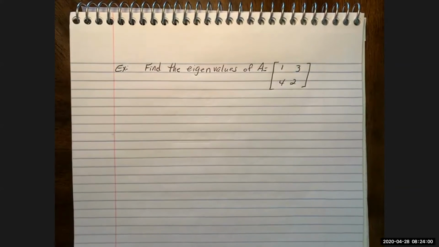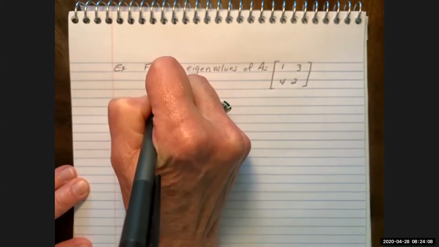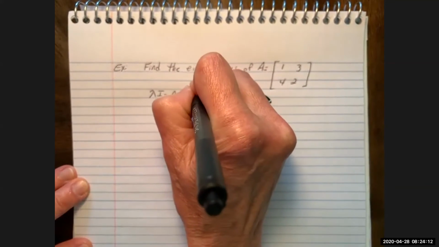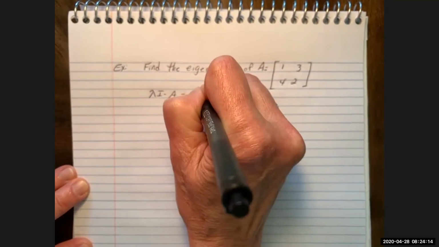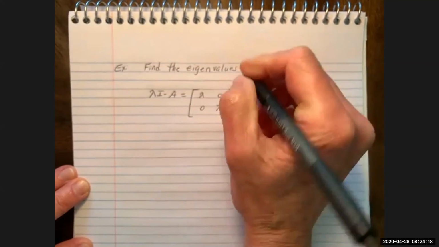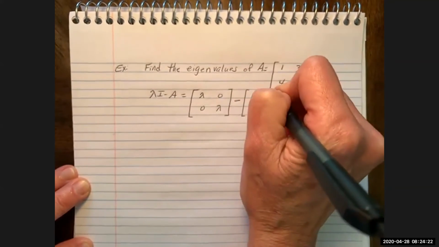We already know what one of them is because I showed you before, but we'll actually find these. So we're going to start by finding lambda I minus A. And I'll write the whole thing out just so you see it. You won't have to write this out. You can just go straight to your matrix.